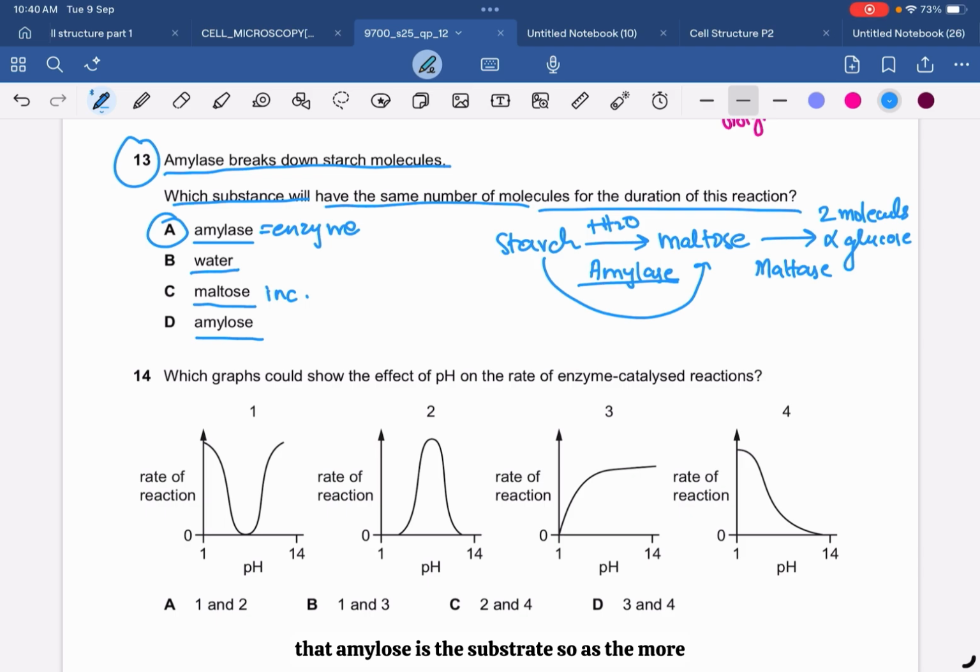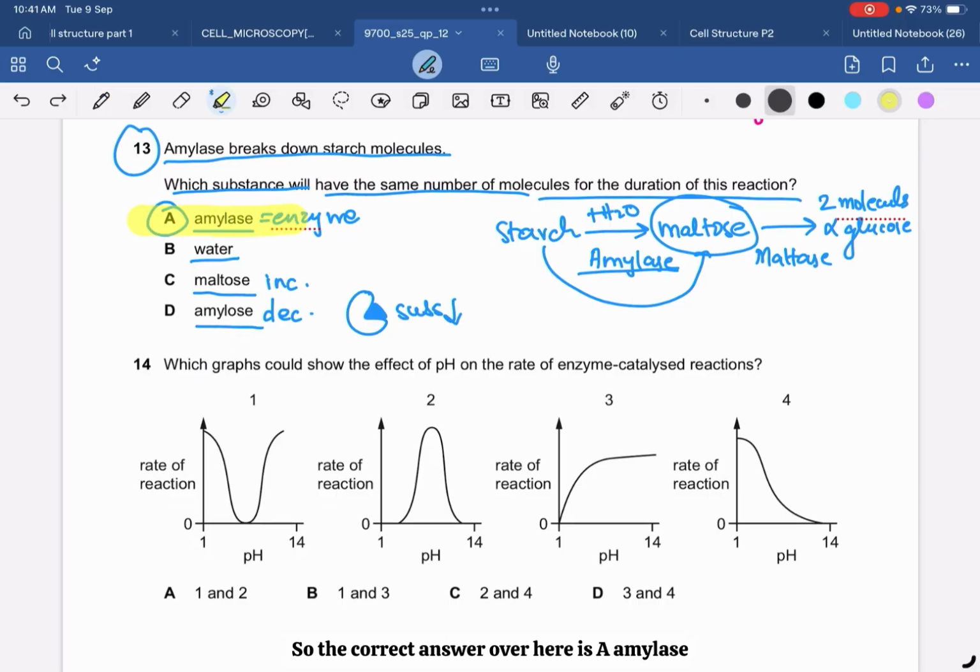So as more starch is broken down by the enzyme, the substrate will decrease in concentration, and more of the product, maltose, will form. So amylose acts as a substrate over here, so it is going to decrease. So the correct answer over here is A, amylase, which is an enzyme. It speeds up the reaction, but it is not used up in the reaction, and so its number of molecules stays constant throughout the duration of the reaction.